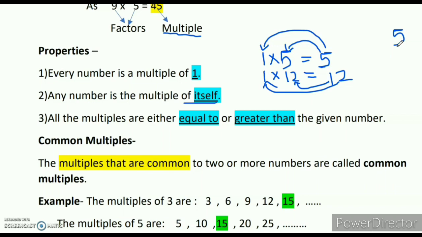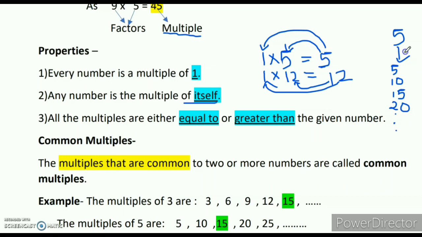What are the multiples of 5, children? I can write 5. Then 5 2s are 10. Then 5 3s are 15. 5 4s are 20. And so on. It will continue.